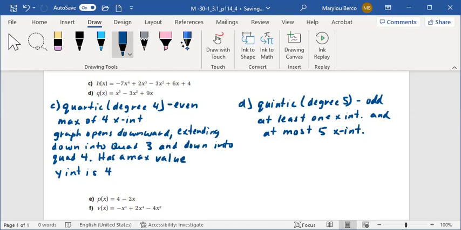Now, since the leading coefficient is positive, the graph of the function extends down into quadrant 3 and up into quadrant 1.